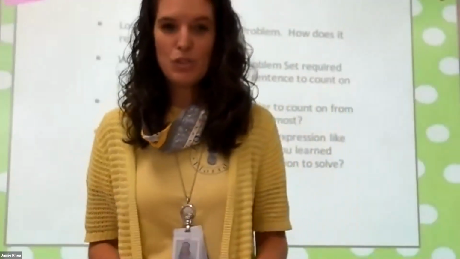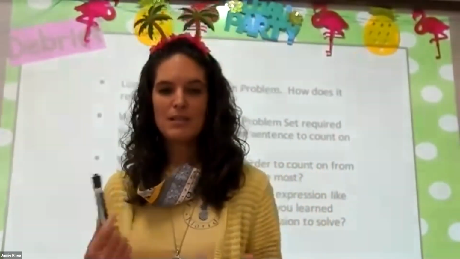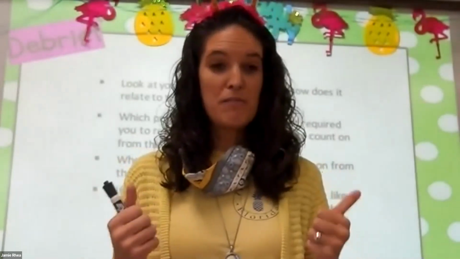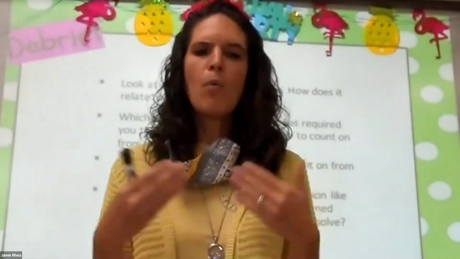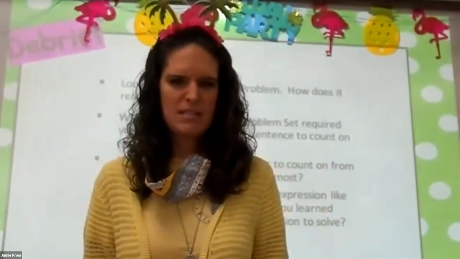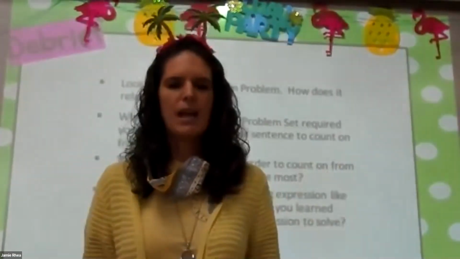All right, guys, you should be done with your problem set and your exit ticket. So let's talk about what we've learned today. We have talked about efficiently counting on, which means an easier way to count on, something that makes your life a little simpler. So what was the efficient way we learned to count on?